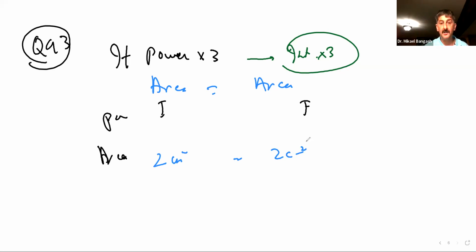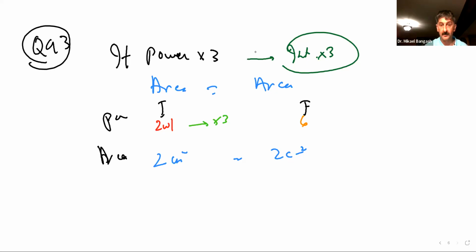Now we can take any initial power, say 2 watts. But the change that happens is that it increases 3 times, which means the final power is going to be 6 watts over 2 centimeters.